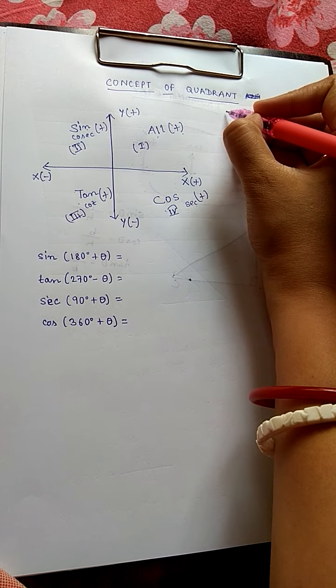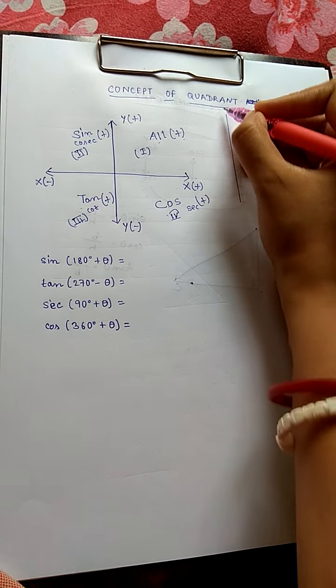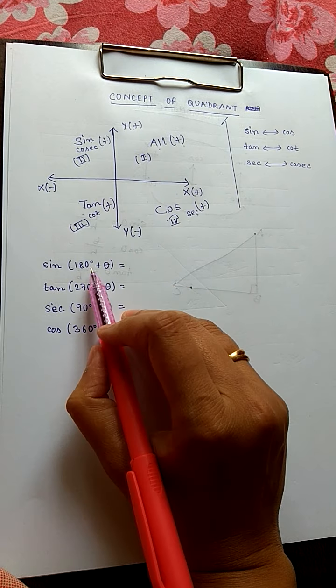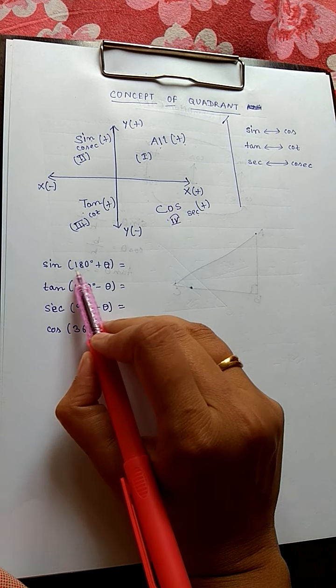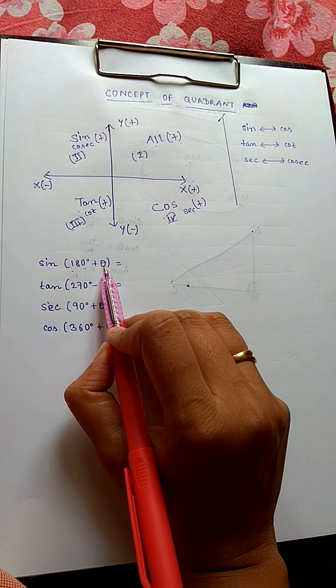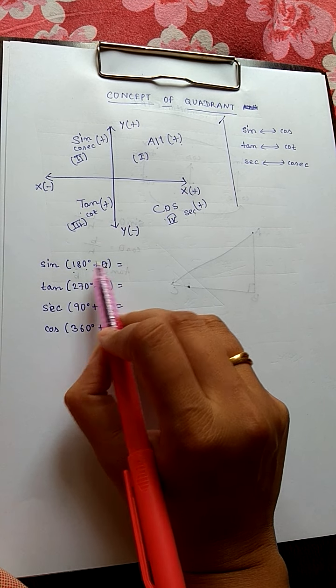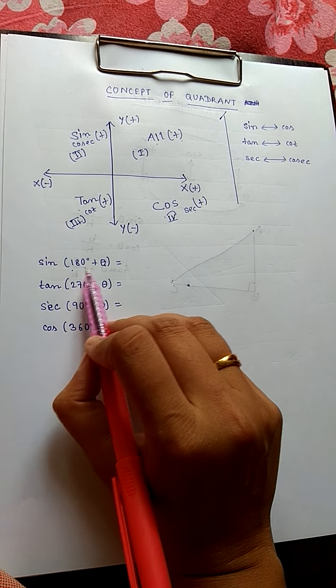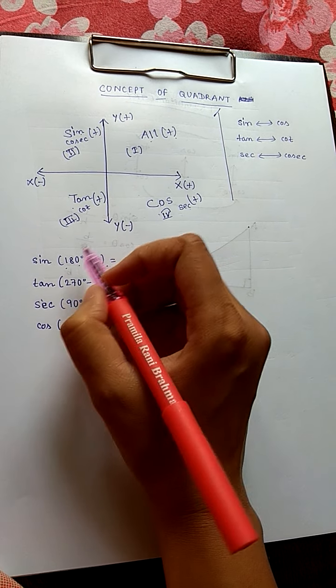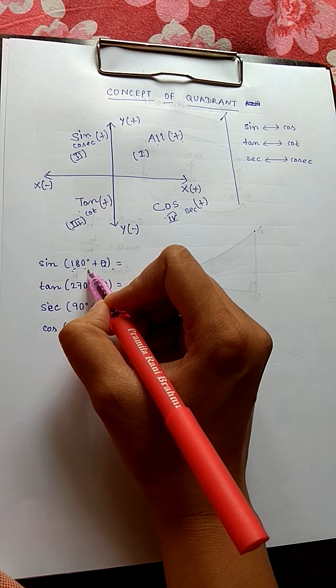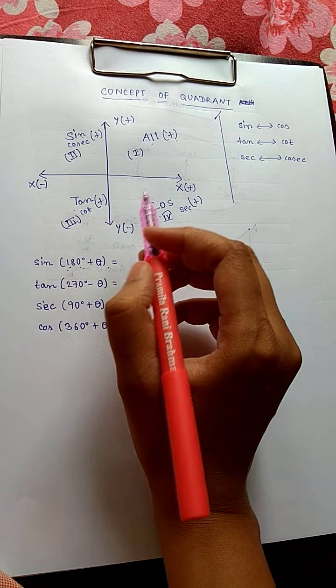Now there is some other concept here. Let us find sine of 180 plus theta. We don't know the value of theta. To understand this, I will write 180 degrees.